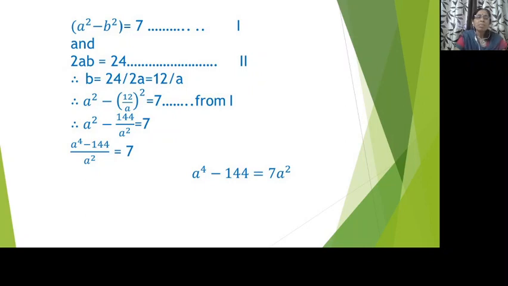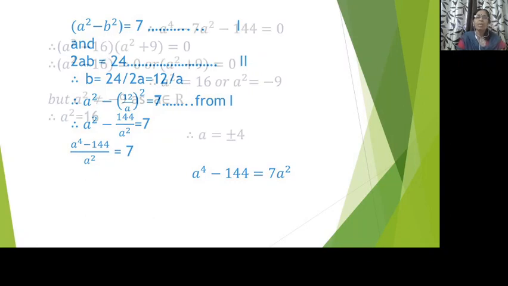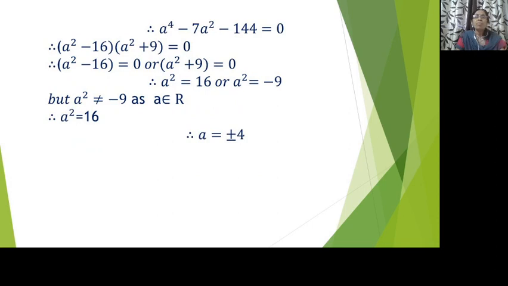Taking LCM on the left-hand side as a square, we get a raised to 4 minus 144 divided by a square equal to 7. Multiplying both sides by a square, we get a raised to 4 minus 144 is equal to 7a square. Therefore, we get the equation a raised to 4 minus 7a square minus 144 equal to 0.